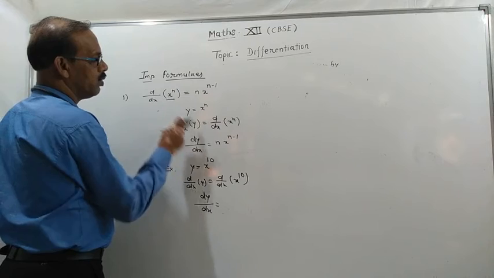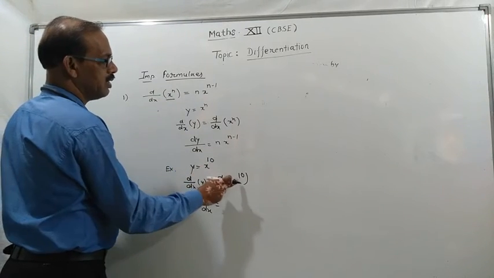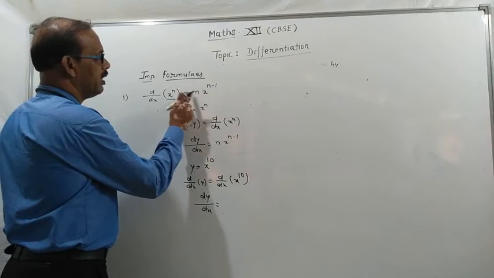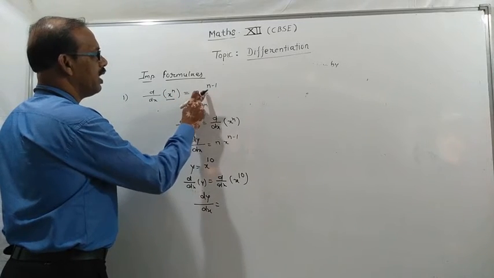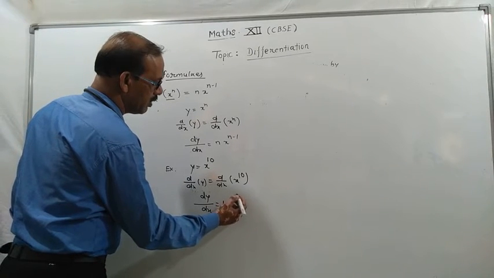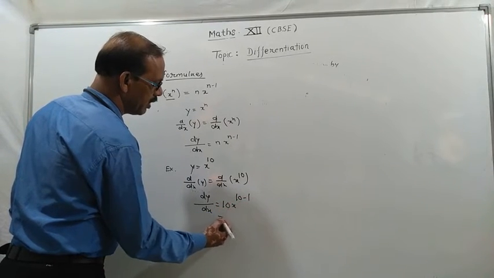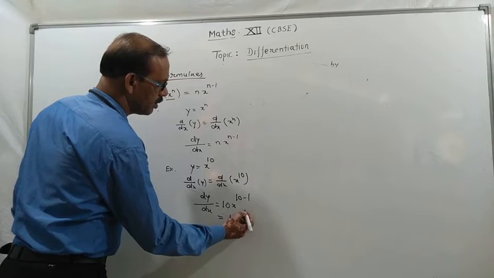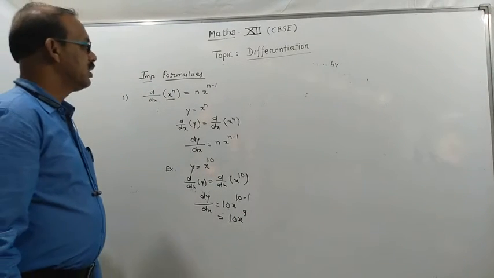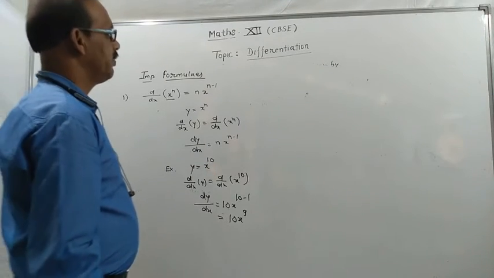If you compare both, n is 10, so we apply this formula, and x to the power n minus 1 means here 10x to the power 10 minus 1, that is 10x to the power 9. In such a way, we are able to find the derivative of any given function.